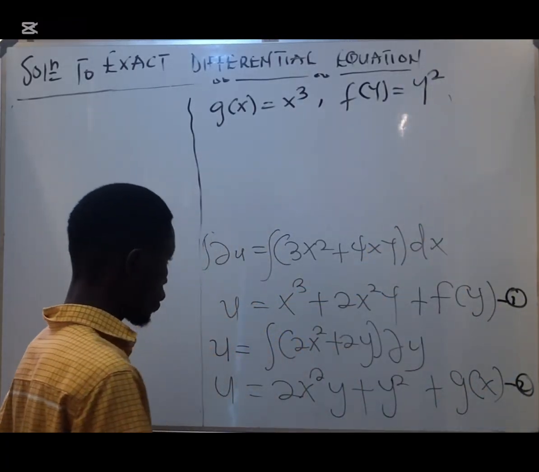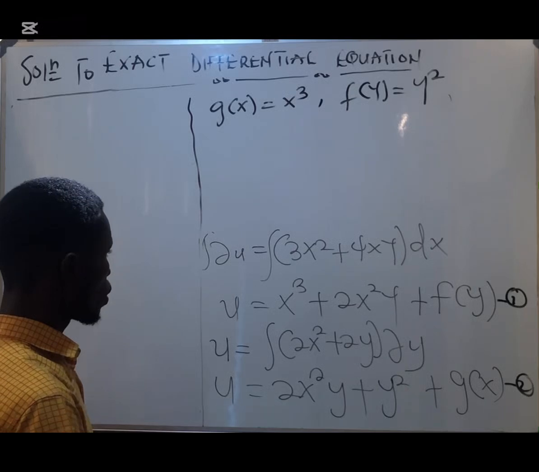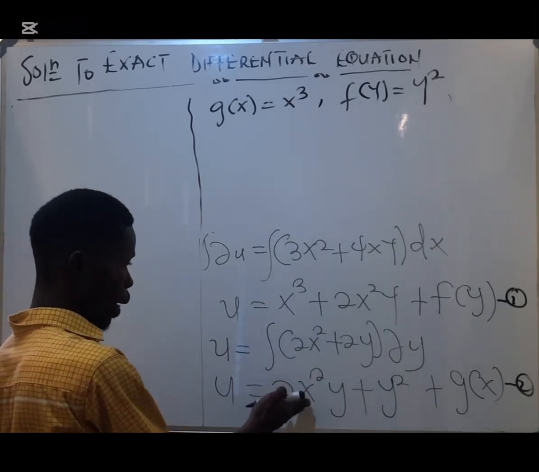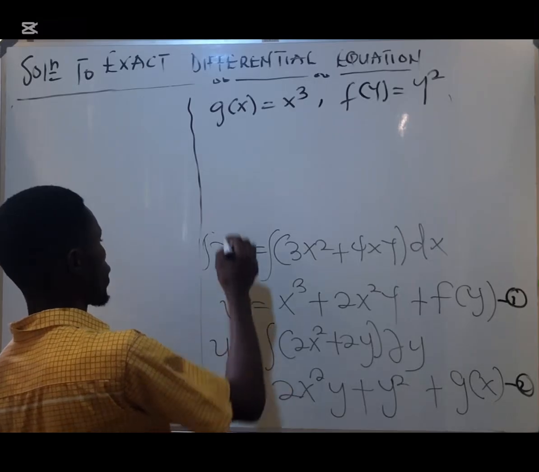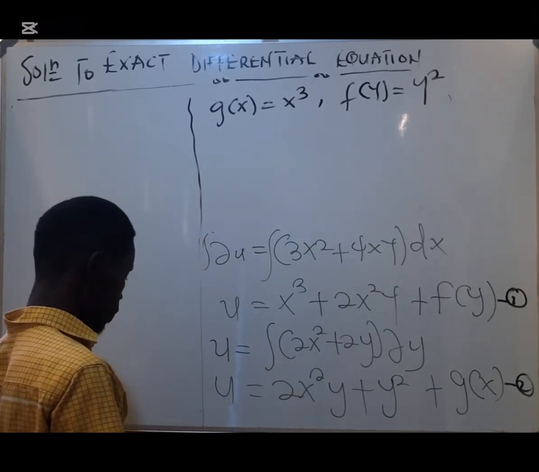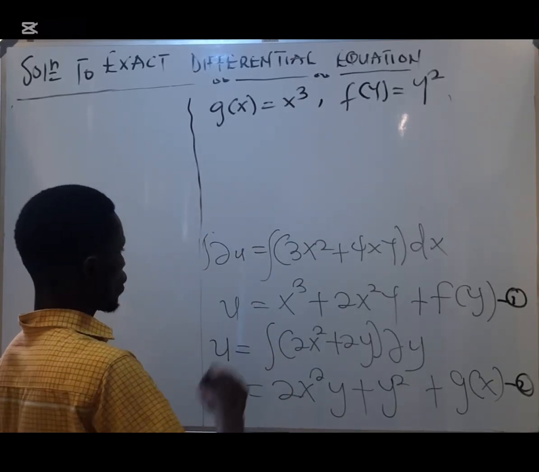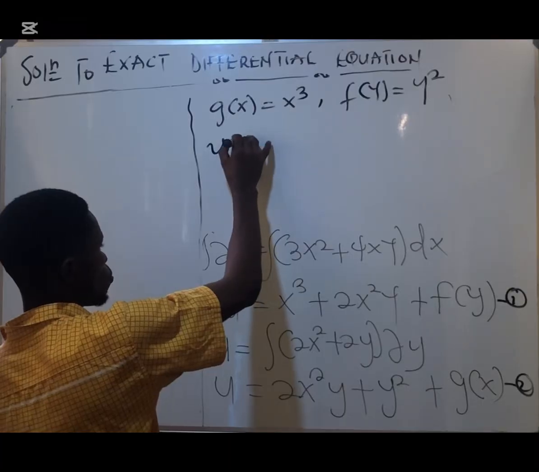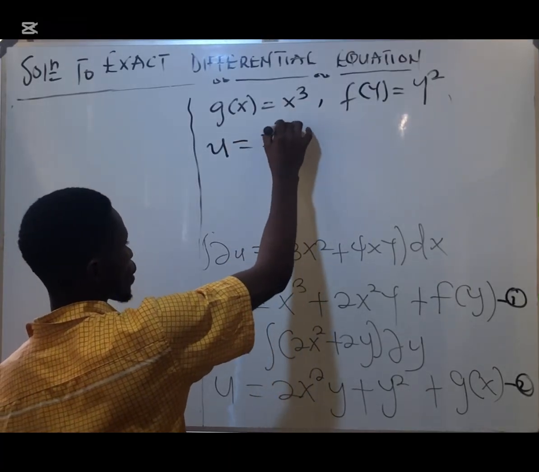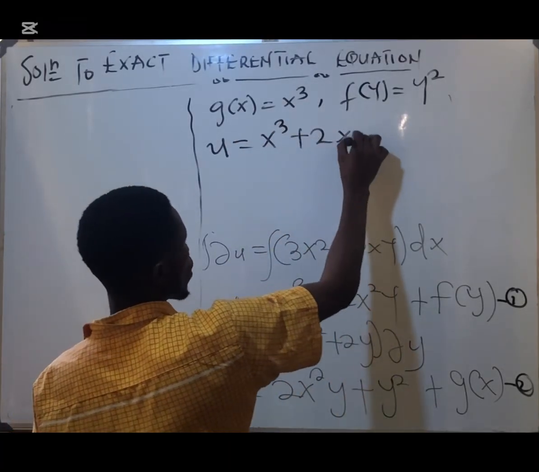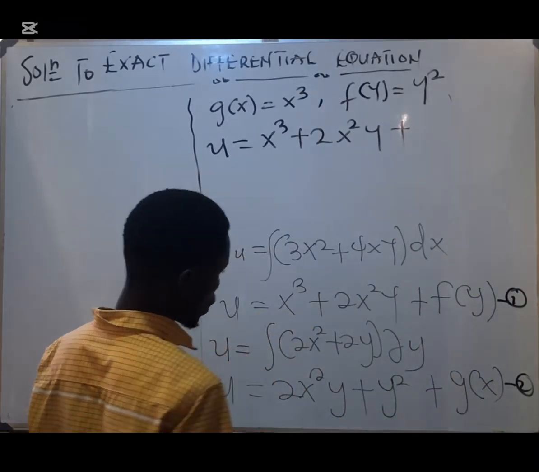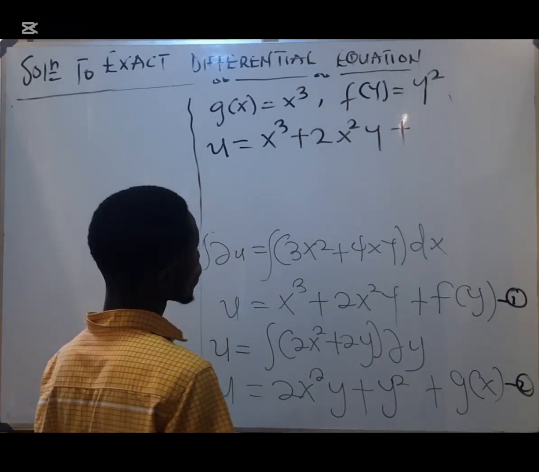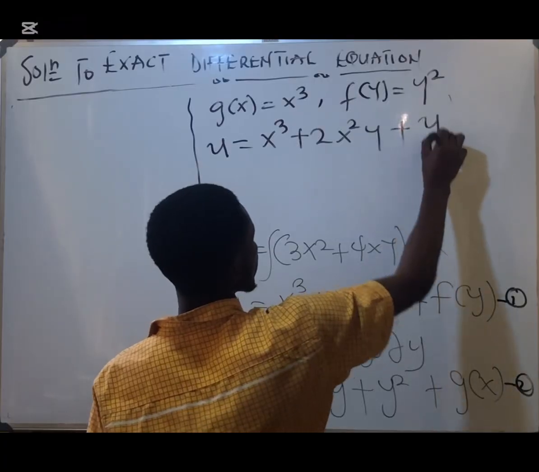Now when you finish, you can decide to pick this one or that. Any one that you pick, you get the same answer. So I'm taking equation 1. If I pick this one, I have u equals x cubed plus 2x squared y plus, now f of y, we have y squared.